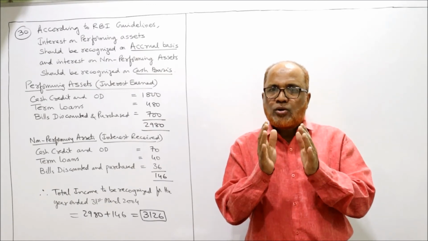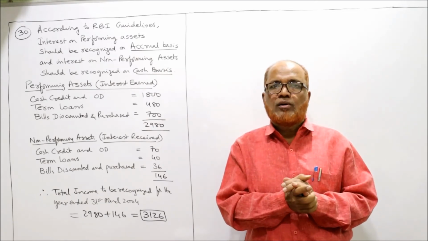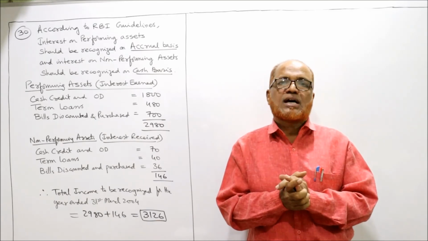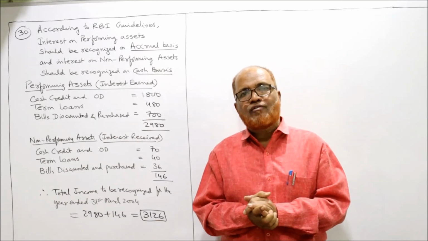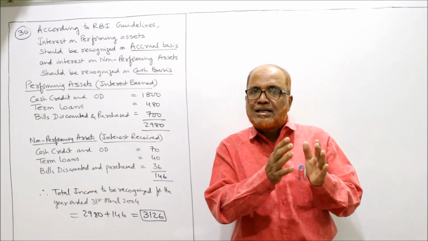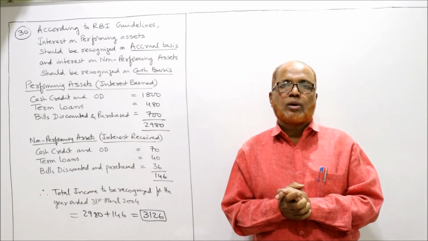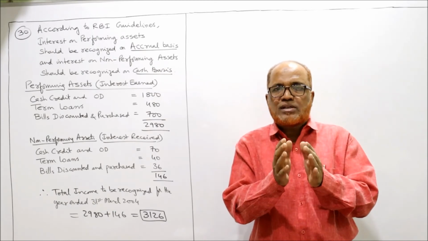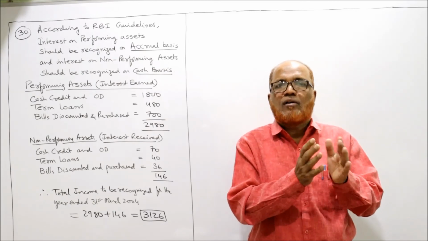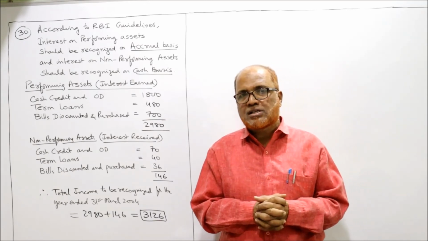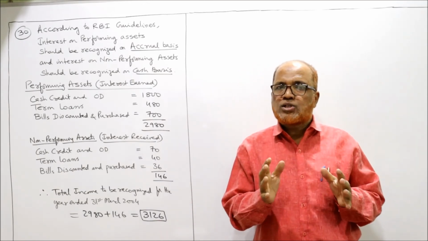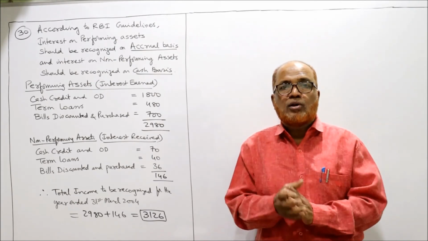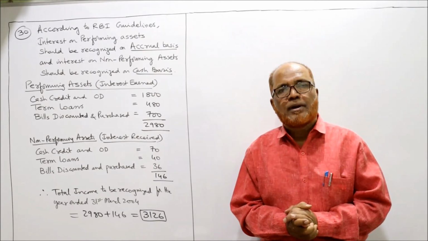If you want the complete knowledge, please go to the theory videos. Watch the first and second theory videos carefully, then you will be able to understand how to make the final accounts of banking companies. Then I have prepared 10 videos totally on problems. So don't break the sequence. If you start watching from the middle of the videos, you cannot understand. If you want the complete knowledge, follow the sequence, first video, second video, third video, then only you can get the complete command.